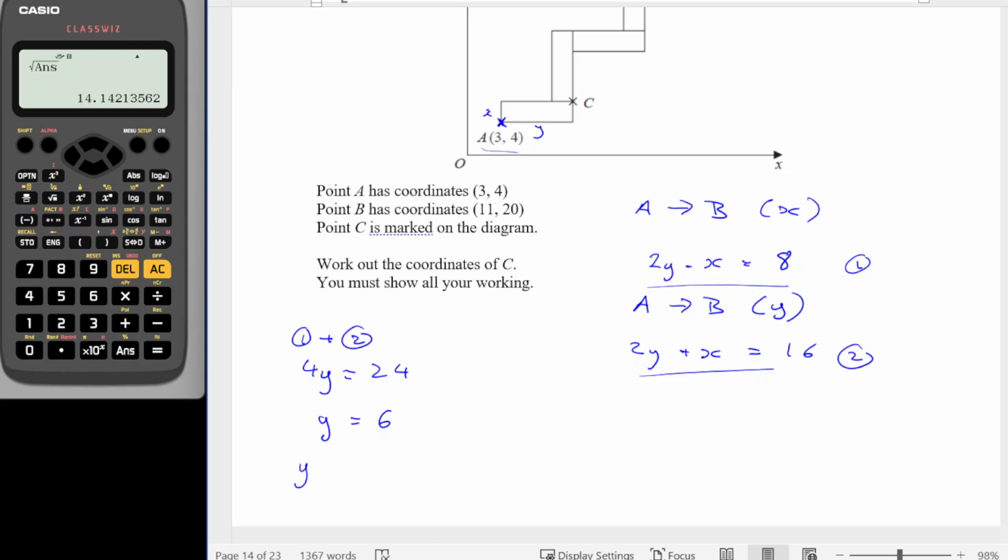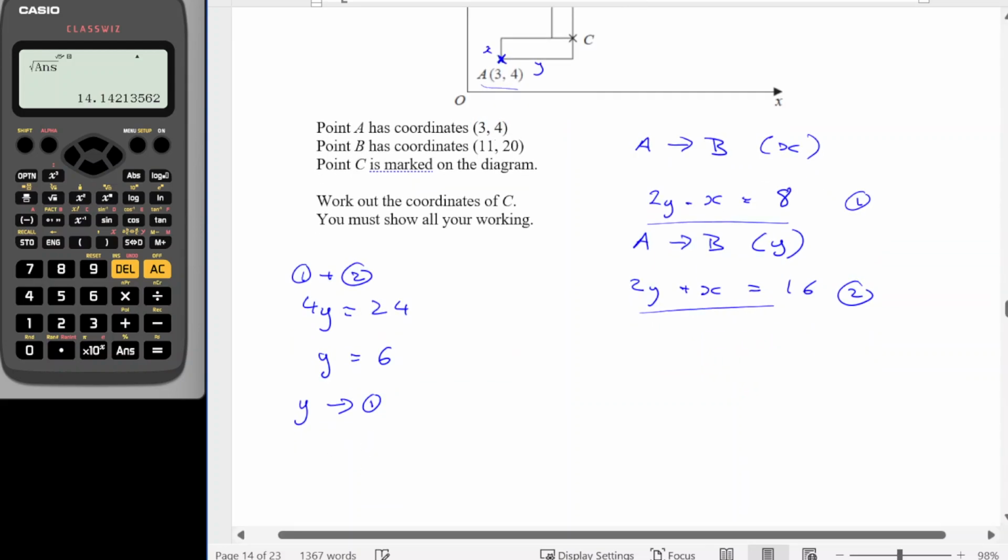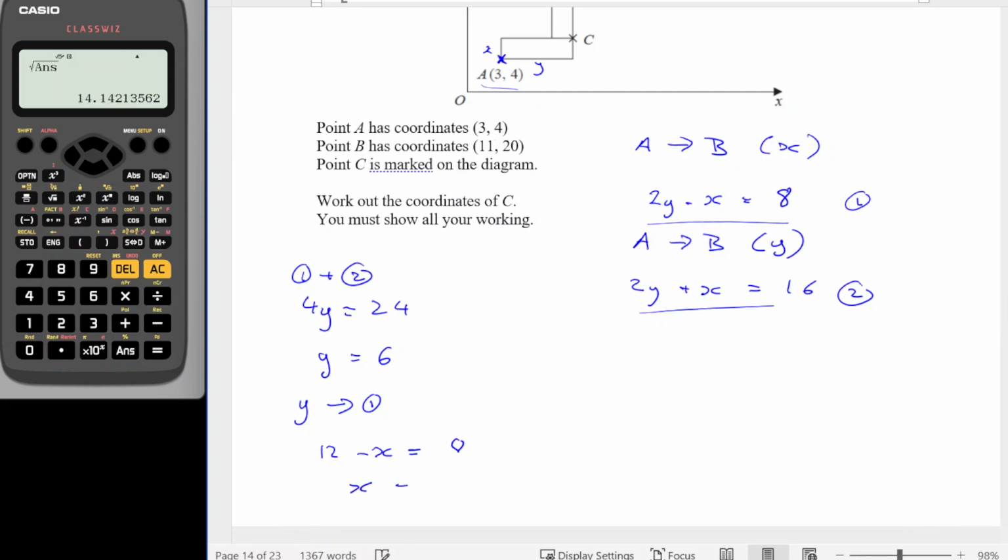If I substitute that value for y into one of the equations, it doesn't really matter which, let's substitute into the first equation. 2 lots of y, so 12 minus x is equal to 8. So that tells me that x is going to be equal to 4. If I check that with equation 2, 2 lots of y would be 12, plus x would be 4, and that would be equal to 16. So yeah, we're right there.